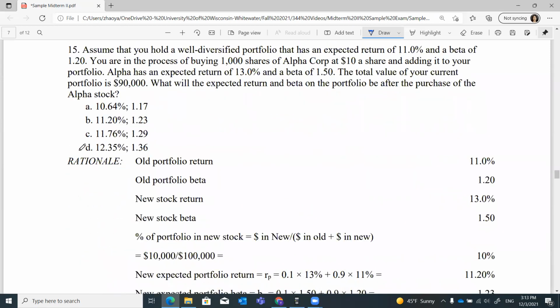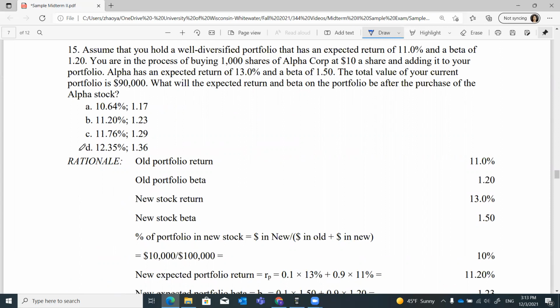Question 15. Assume that you hold a well-diversified portfolio that has an expected return of 11% and a beta of 1.2. You're in the process of buying 1,000 shares of Alpha Corp at $10 per share and adding it to your portfolio.